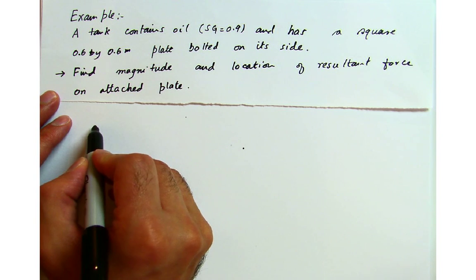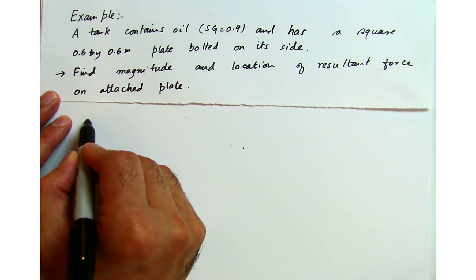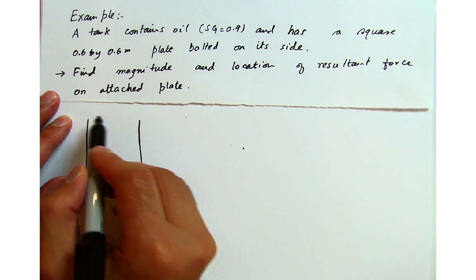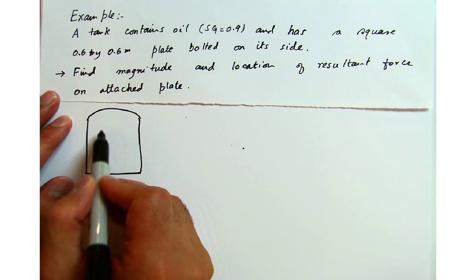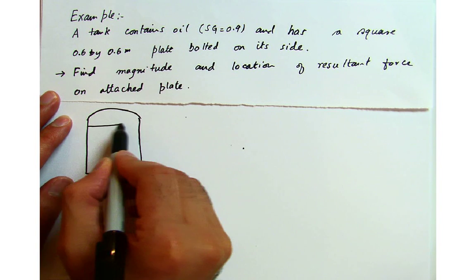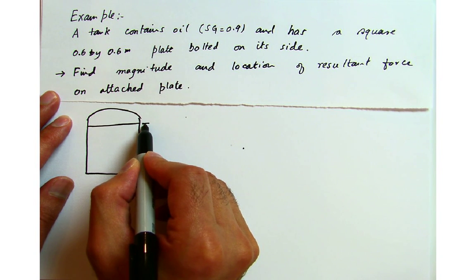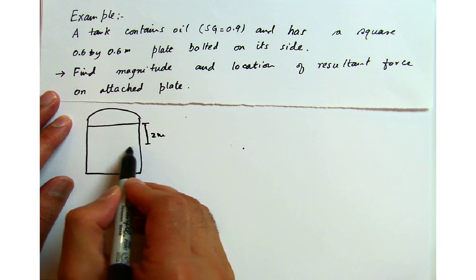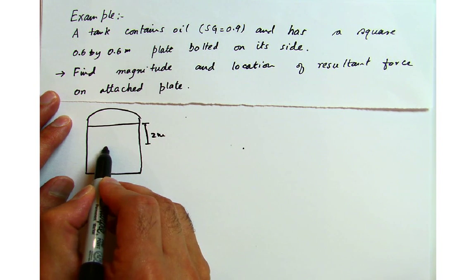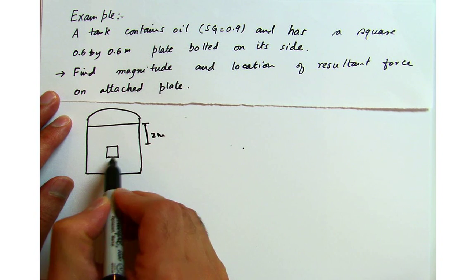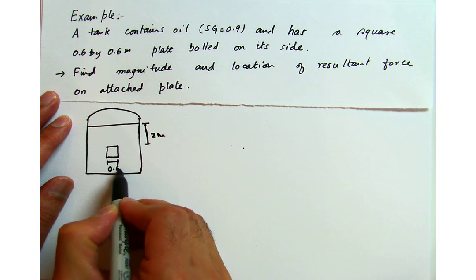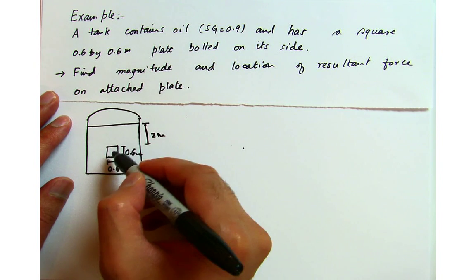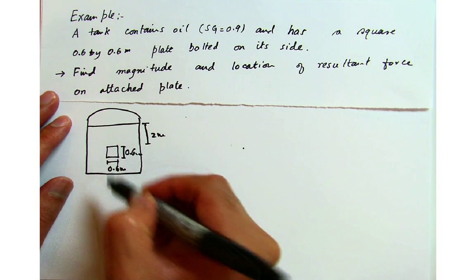So if I am looking at a container or a tank that looks something like this, and it's filled with liquid which has a specific gravity of 0.9, and the height of that is up until this distance, and somewhere over here you have this gate which is 0.6 meters by 0.6 meters. What we want to find out is the force exerted on this gate.